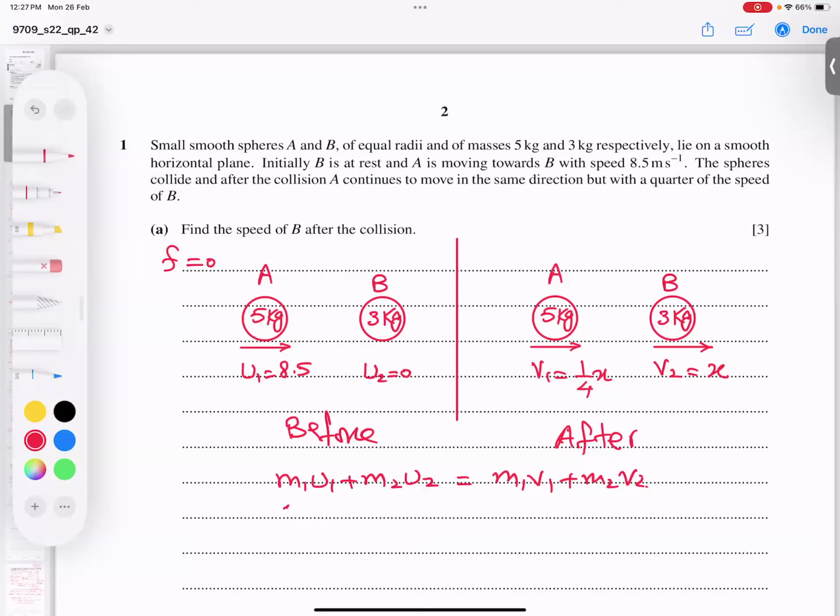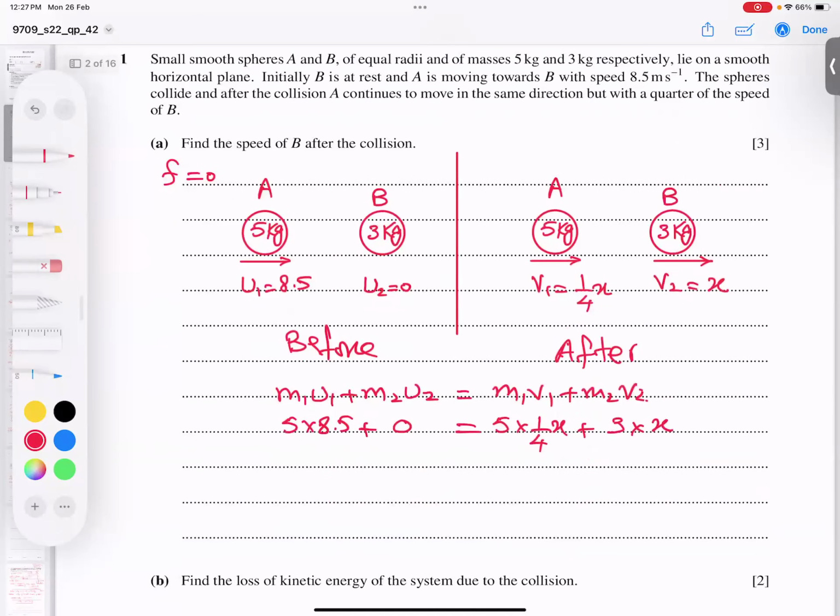So 5 kilograms times 8.5. What about these two? It becomes 0. What about these? Mass is 5 kilograms and 1/4 X. M2 is 3 kilograms and V2 is X.